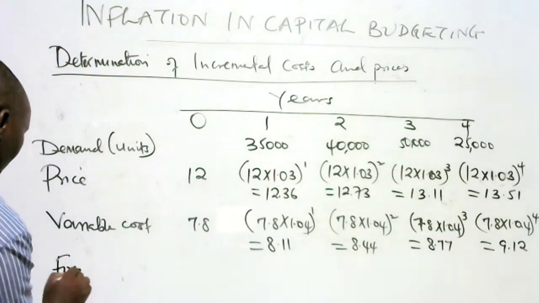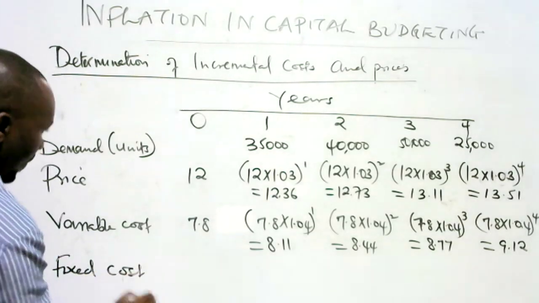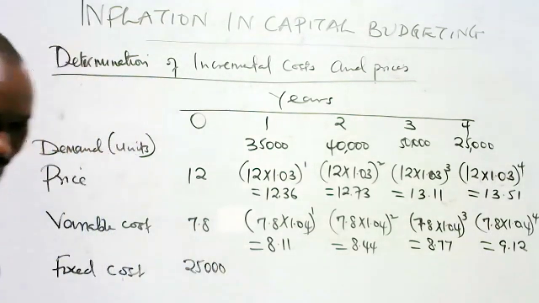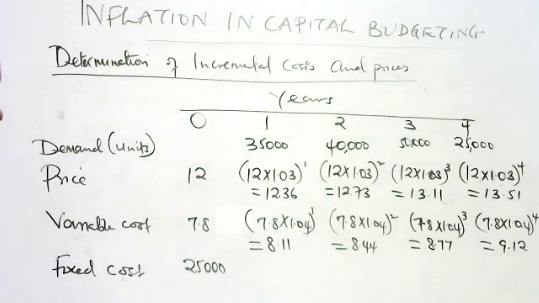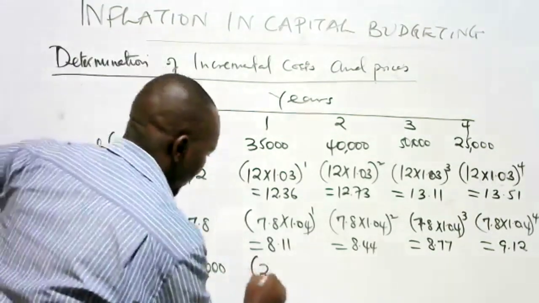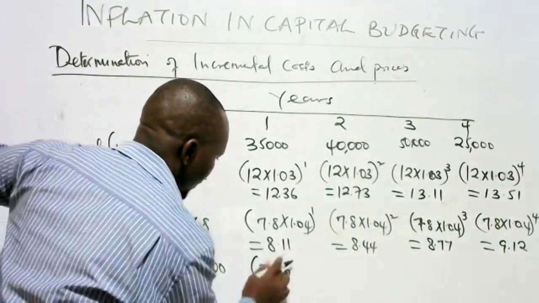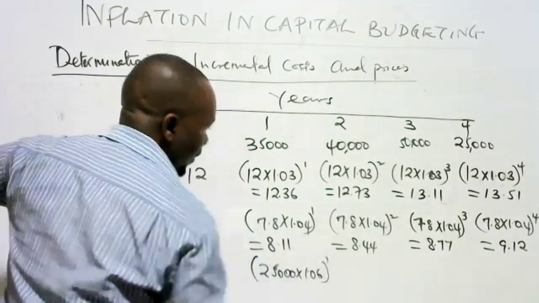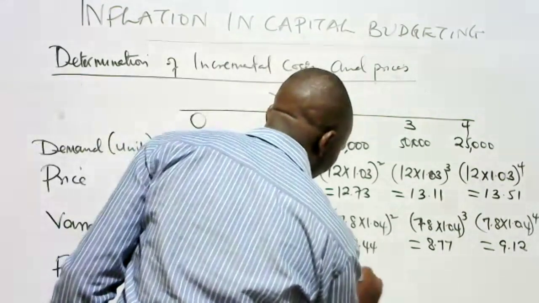Fixed cost was 25,000 here, right? It increases at the rate of 25,000 times 1.06.